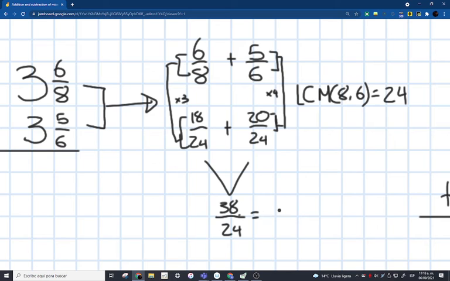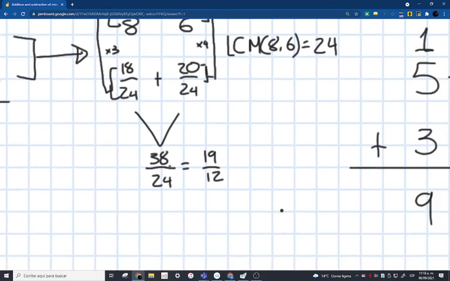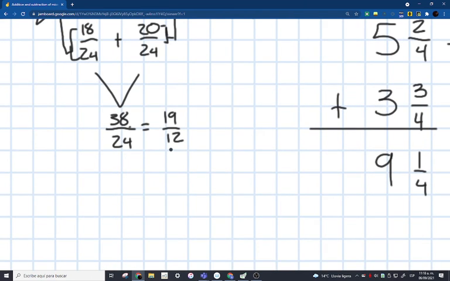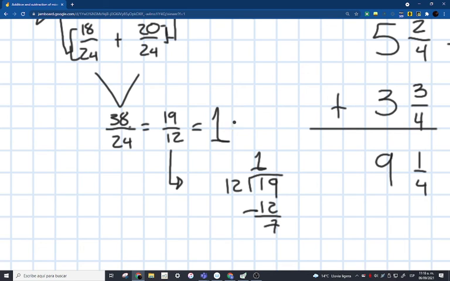Can we simplify it? Yes, it's going to be 19 twelfths. But kids, this is an improper fraction. We have to transform it into a mixed number with division. 19 divided by 12. 12 fits in 19 one time. 1 times 12 is 12. We subtract, the result is 7. And the mixed number is like this: 1 and 7/12.